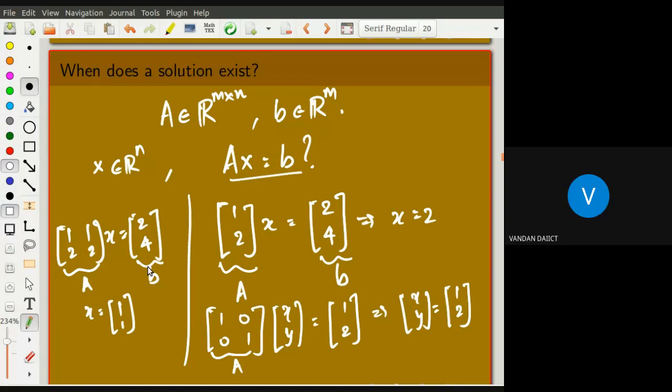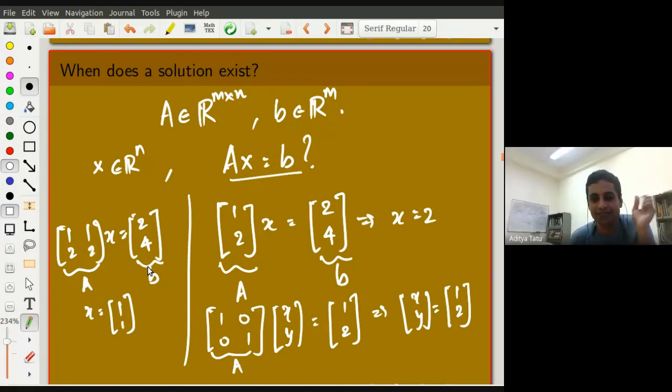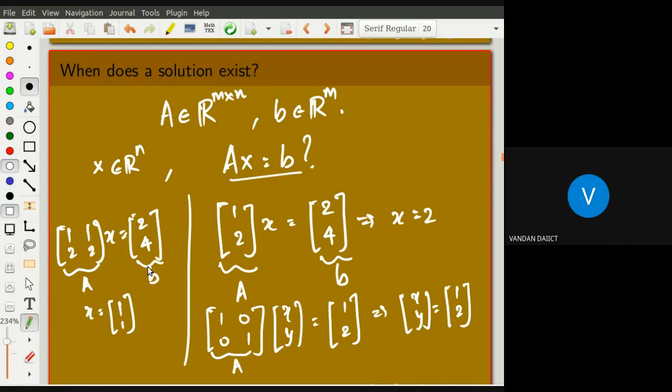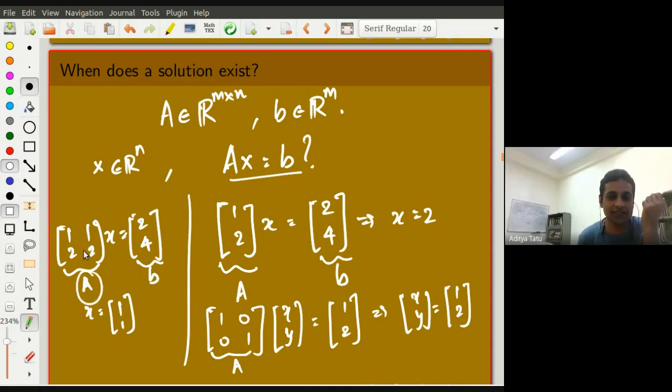Is that what you mean? A star i is not linearly dependent on A star j. Please, you have not defined linear dependence and independence, so I don't want to hear that phrase. Even if you are aware, A star i is A star j times some real number k not equal to A star j. But this is an example where it is, and still the solution exists.